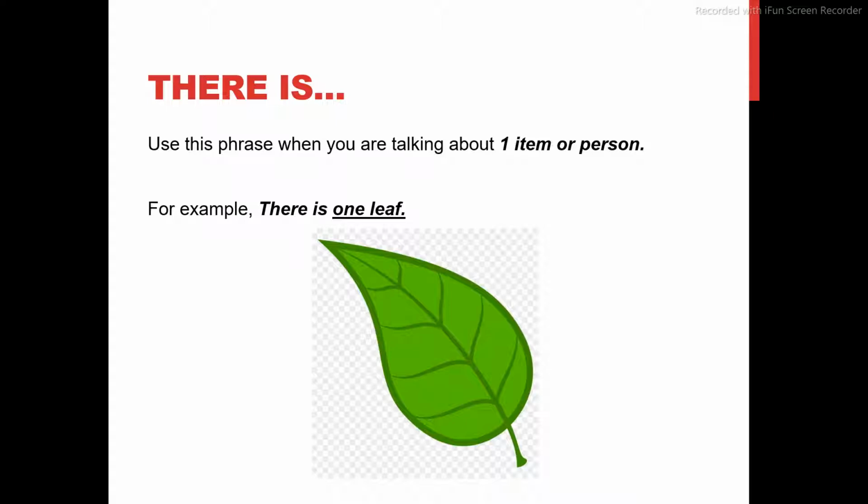There is one leaf. And how many teachers are speaking right now? There is one teacher speaking right now. So we use is when we're speaking about one item or one person.